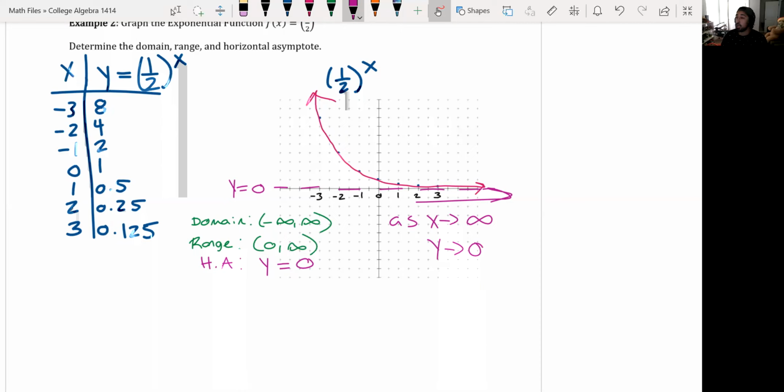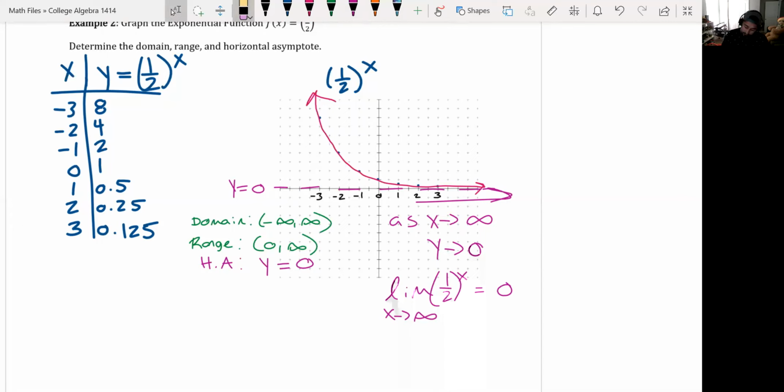And the way written below in that calculus limit notation is the limit as x approaches infinity of 1/2 to the x will equal 0. There you go. A little bit of calculus for you. Yeehaw.